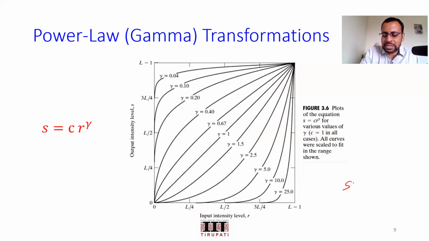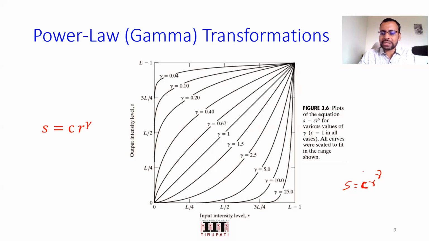Let's say S is equal to R to the power of gamma. S is equal to R to the power of gamma. And of course, again, I want to bring the scaling to 0 to L minus 1. For that purpose, I put C here. That is the normalizing factor now.